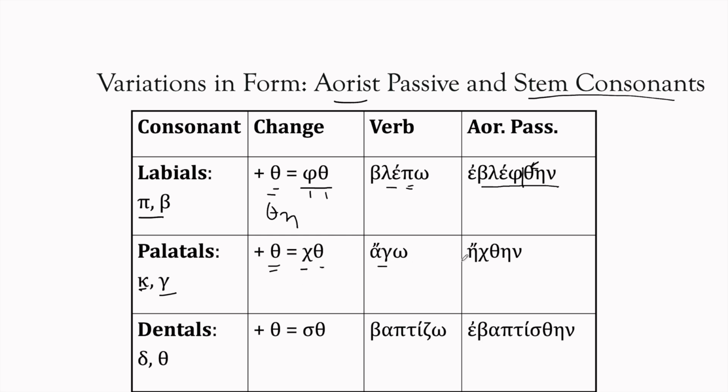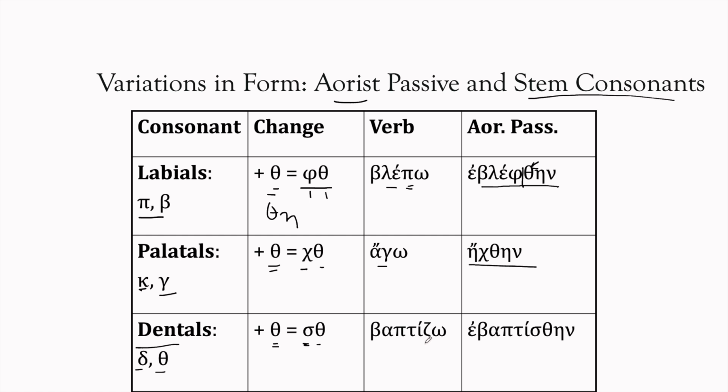So ago becomes ēchthēn. And finally the dentals, delta and theta, when they encounter a theta, they become sigma theta.